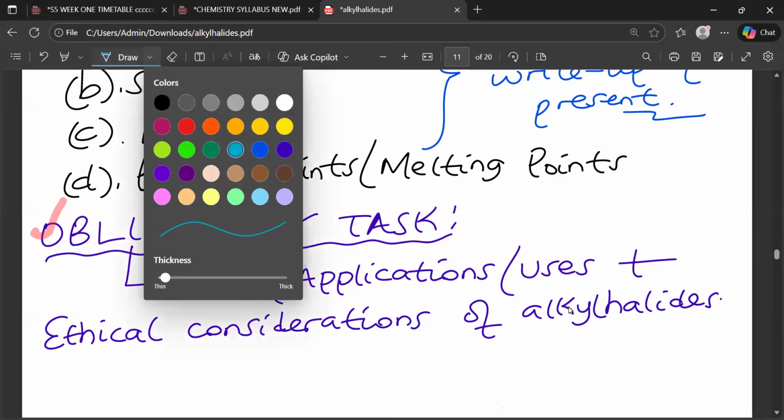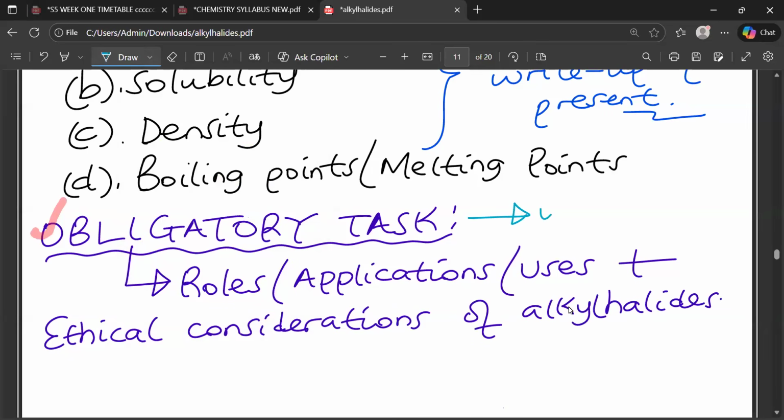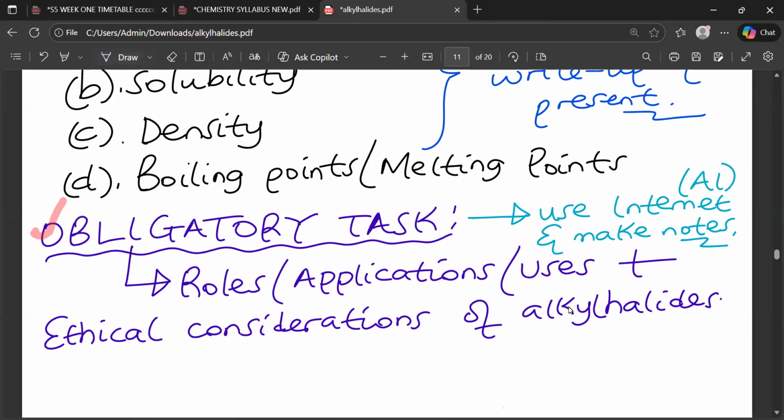Here, use the internet and make notes. You can even use AI. It's becoming better and better to make your notes for that, and you're done.